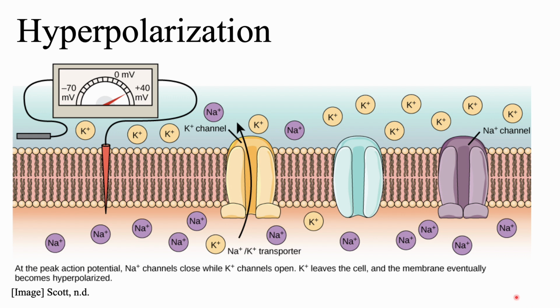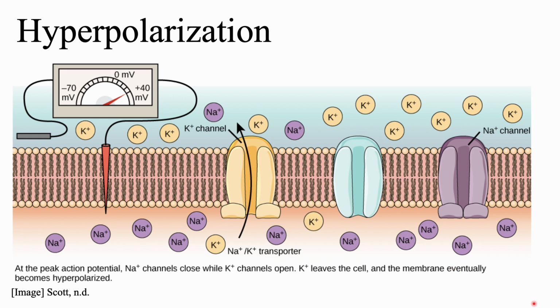So many additional pores will open, causing a massive influx of sodium ions, which you can see here, and a huge positive spike in the membrane potential, which is called the peak action potential. At the peak of the spike, the sodium gates close and the potassium gates will open. As positively charged potassium ions leave, the cell begins repolarization.